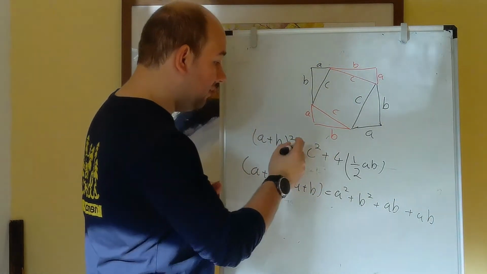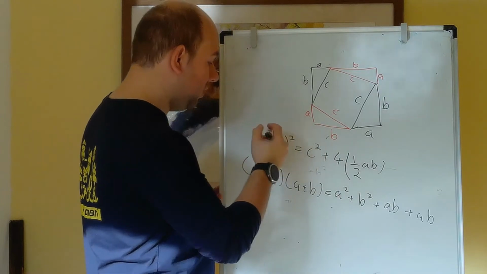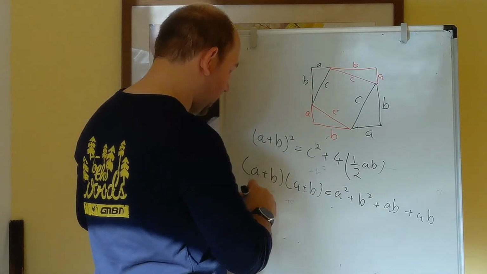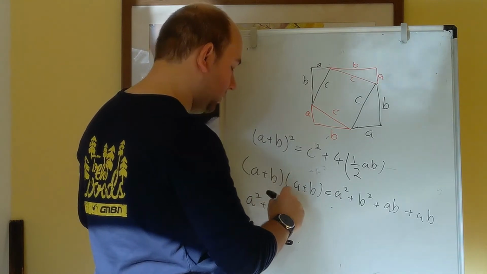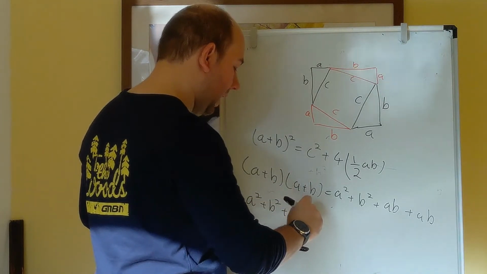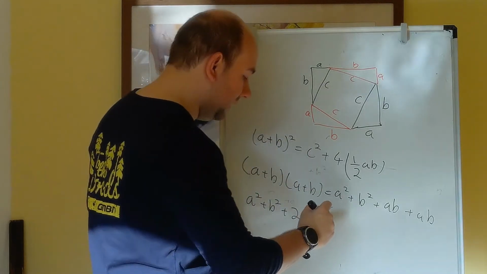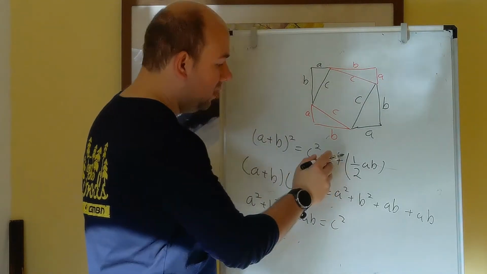So the area of this square is equal to A squared plus B squared plus 2AB is equal to C squared.